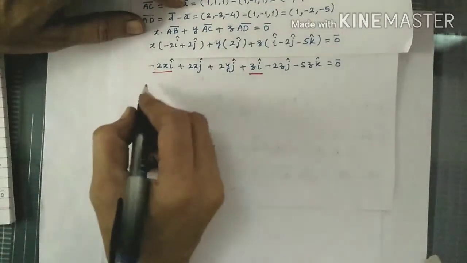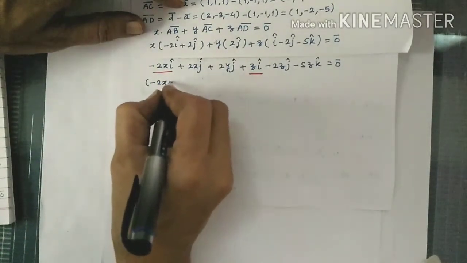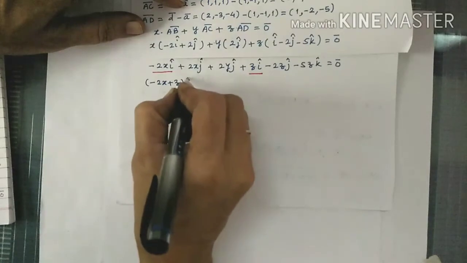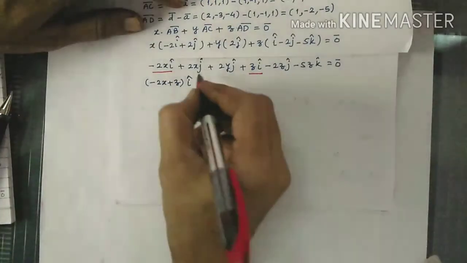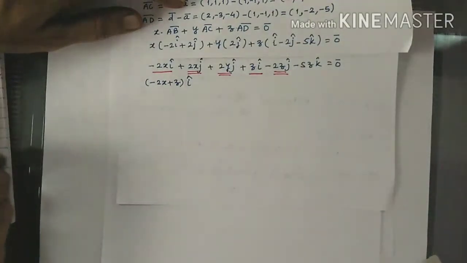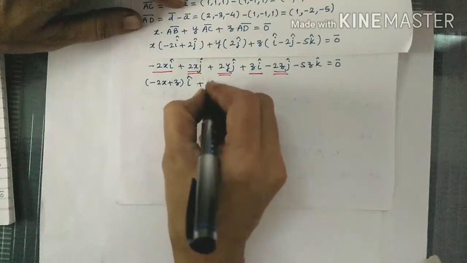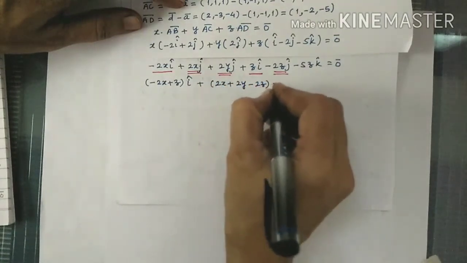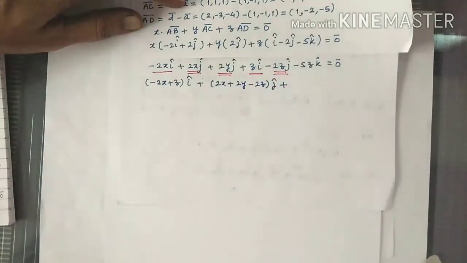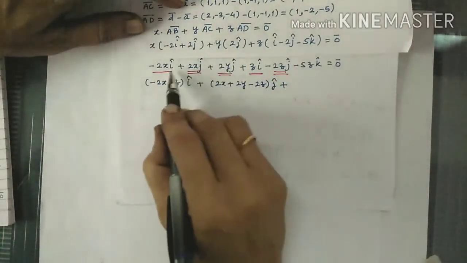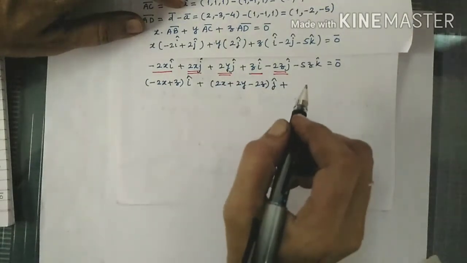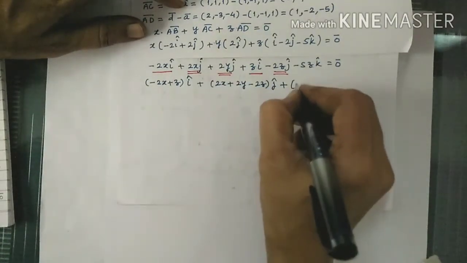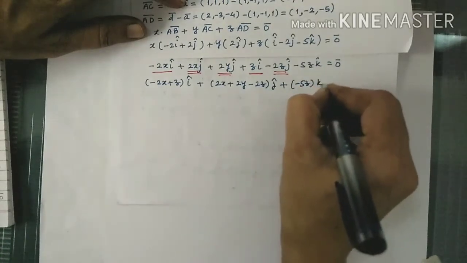So minus 2x plus z, i cap. Now let's collect terms in j. 2x j, 2y j and minus 2z j. So it is 2x plus 2y minus 2z, j cap. Now the remaining term is the term in k cap, which is only one term left, minus 5z k cap, equal to 0 bar.